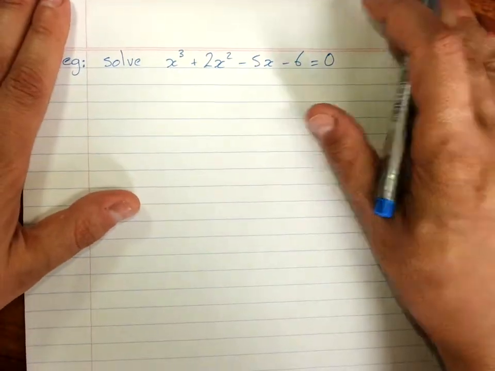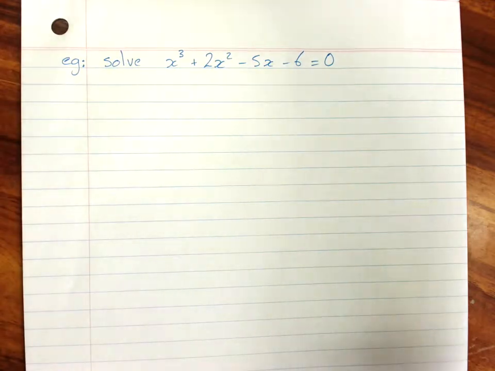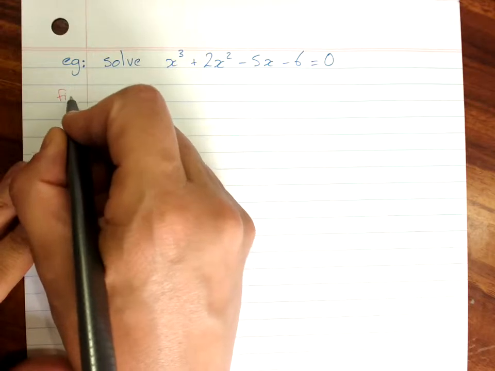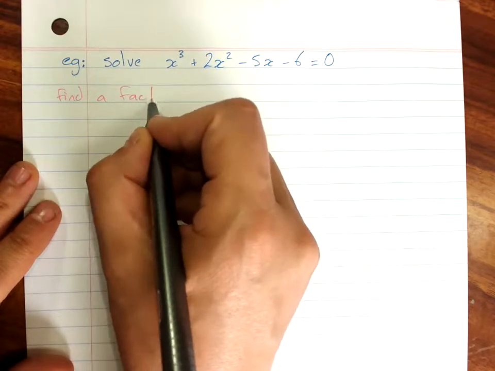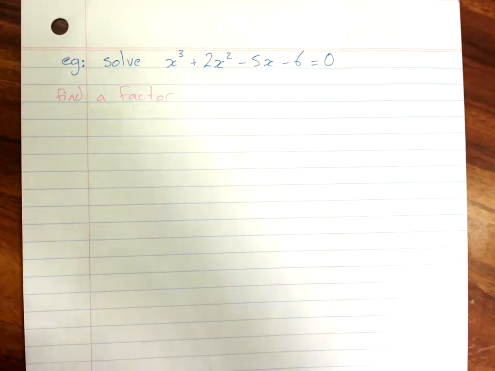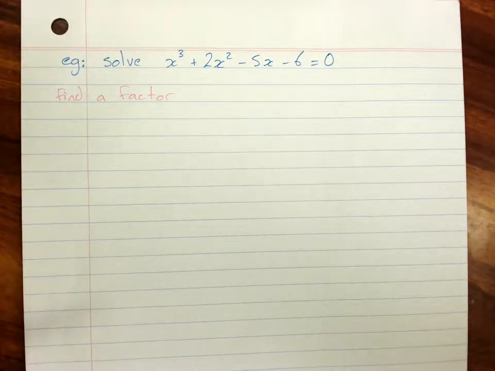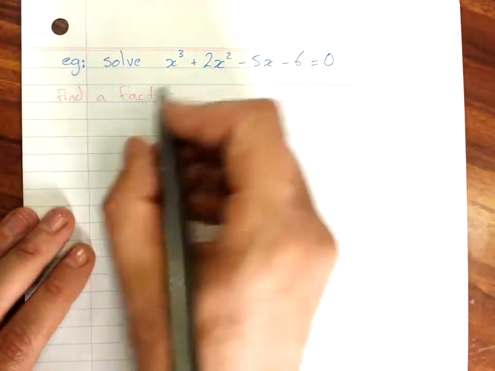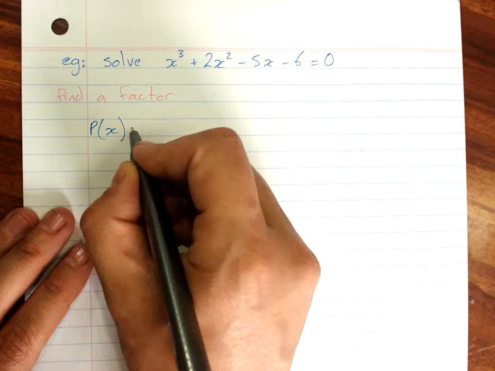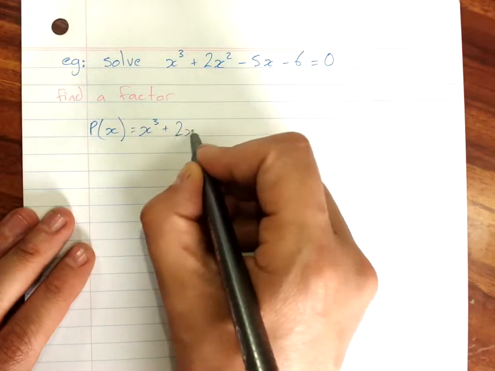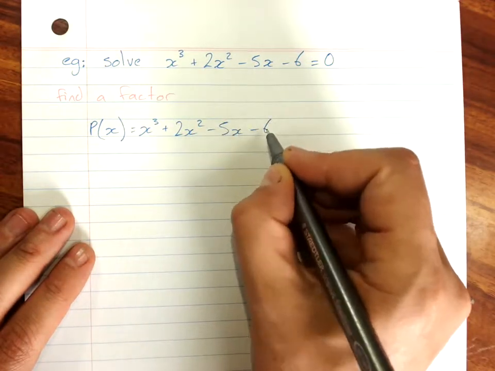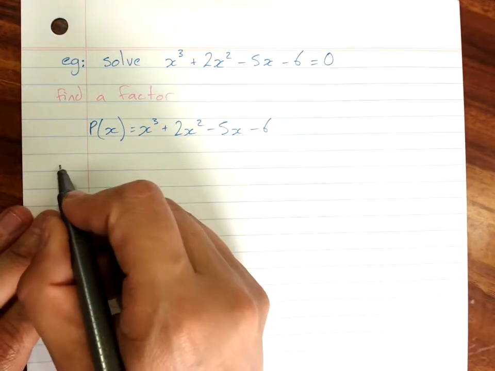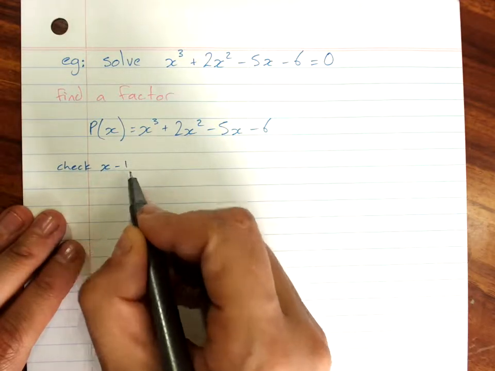Here, it would like us to solve a cubic. So our first step was to find a factor. Now I'll put my little instructions here in pink. Obviously you don't need to do all of that. So this is our polynomial. And we'll check x minus 1.